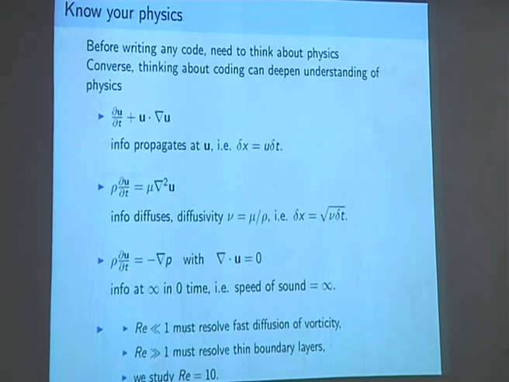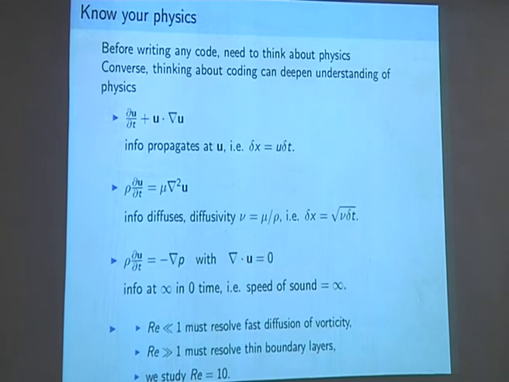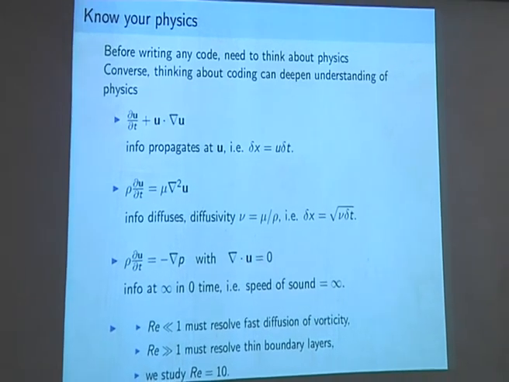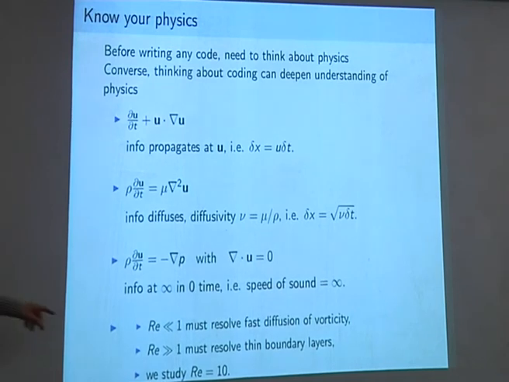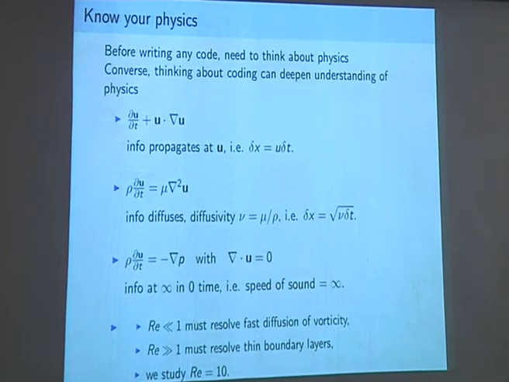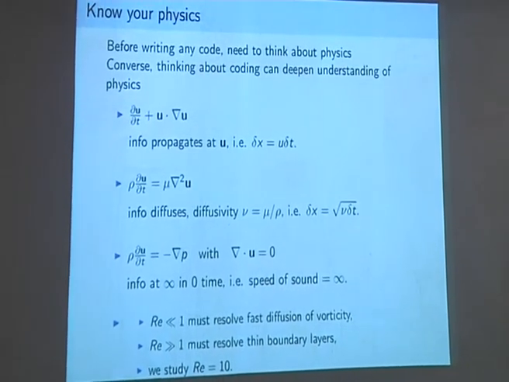Every instant is in equilibrium. That's difficult for the computer. You have to resolve very fast diffusion of vorticity in a time-dependent calculation. At high Reynolds numbers, there can be thin boundary layers. So you need a high spatial resolution to understand things.